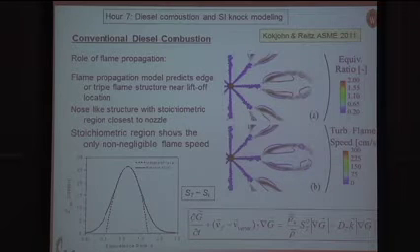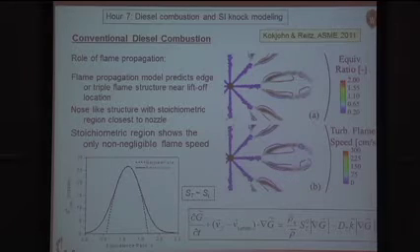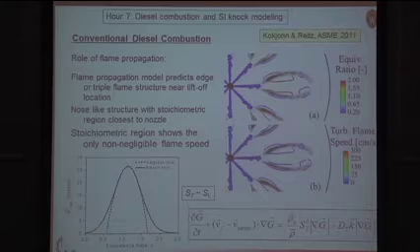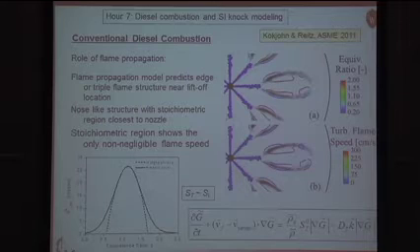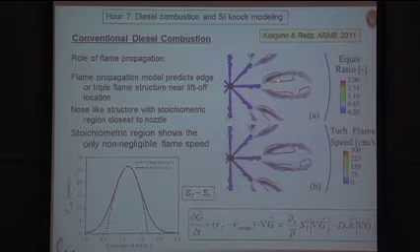I mentioned the G equation and the role of flame propagation was of interest. If we turn on that model, what we find is that the G equation solution essentially predicts the G equals 0 surface to be located around the OH field. This gray region is the OH here.